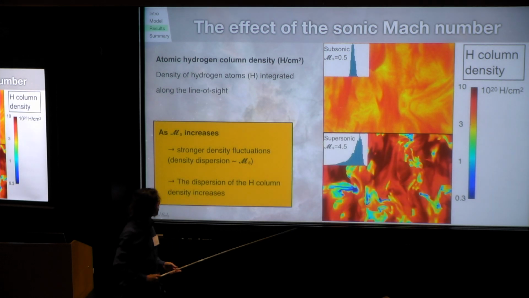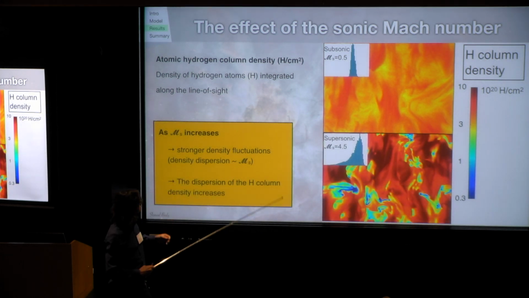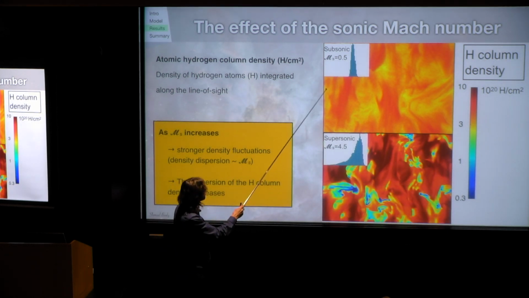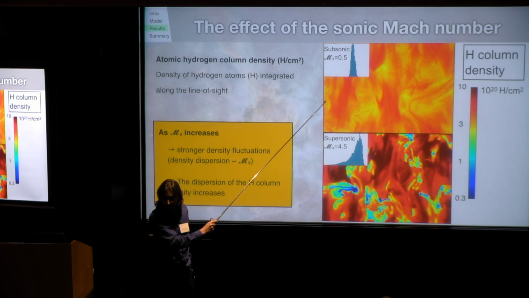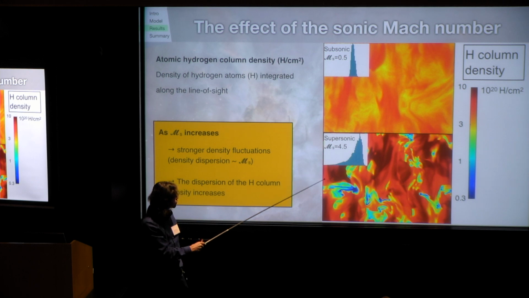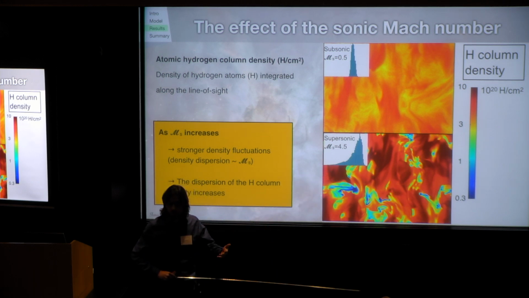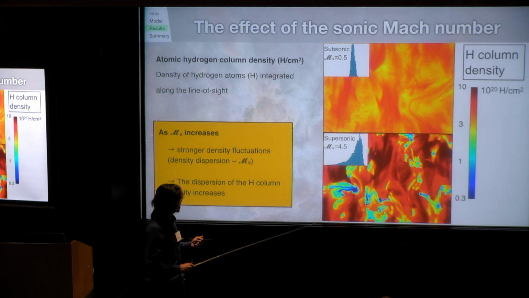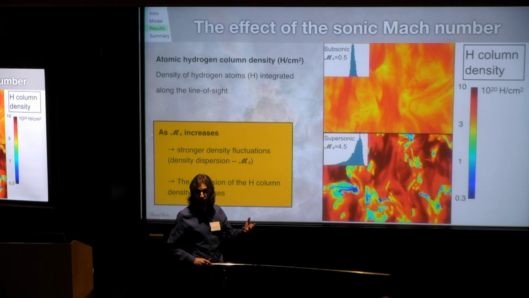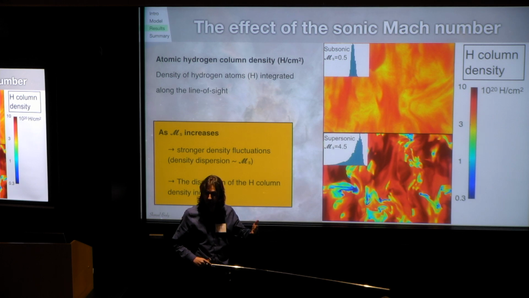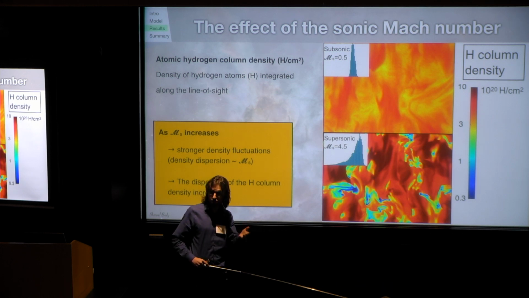Now, what happens when we change the Mach number? What I showed before was a sonic Mach number of half, so that's pressure dominated. Now, when we go to supersonic turbulence, density fluctuations really develop, the turbulence becomes compressible. And as a result, we also have fluctuations in the abundance of H, atomic hydrogen, and H2.